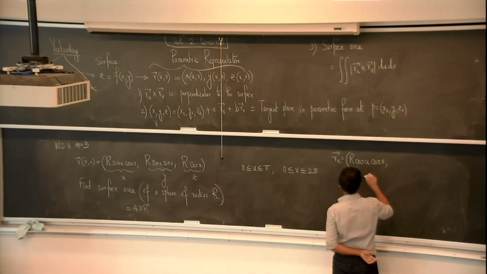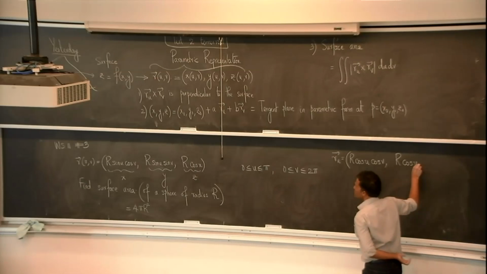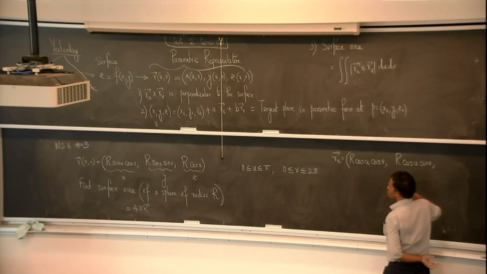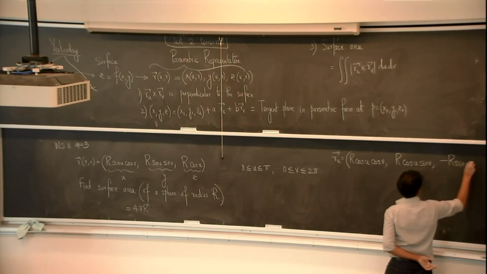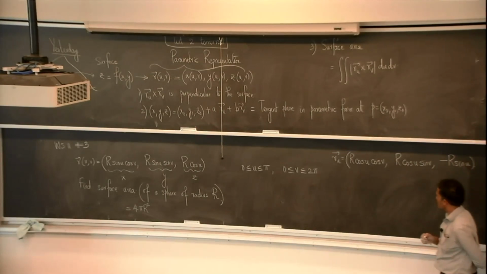The v term remains the same. R cosine u sine v, and negative R sine u. That's the partial derivative of little r with respect to u.